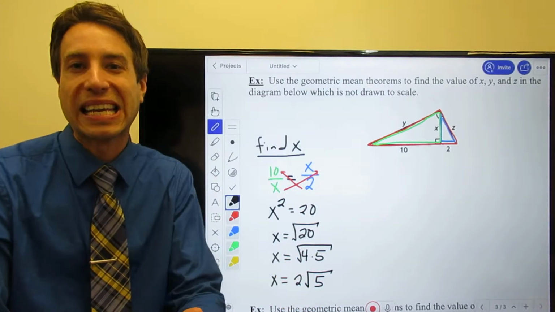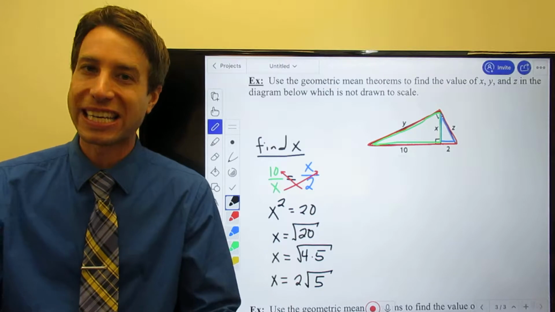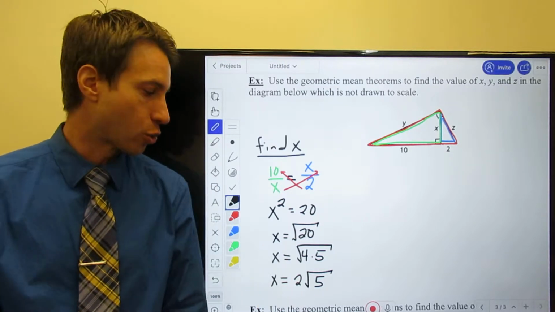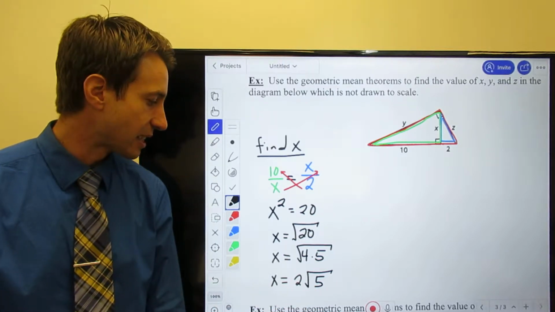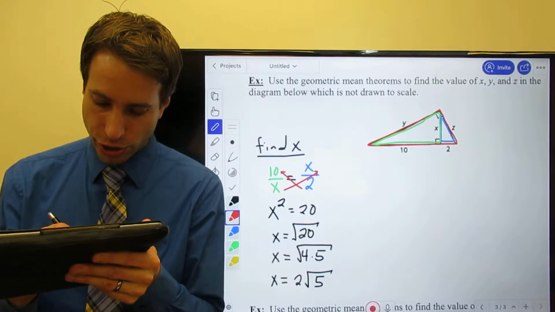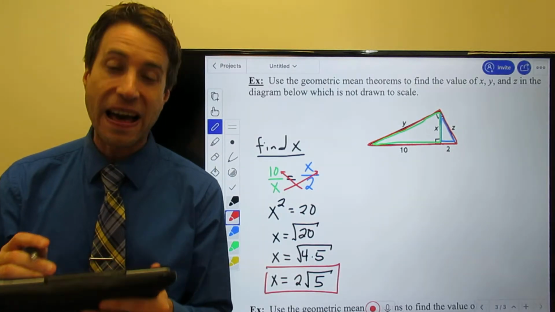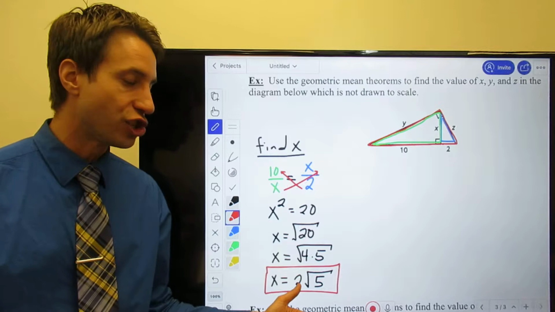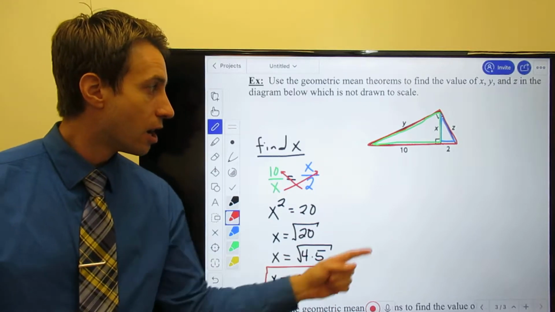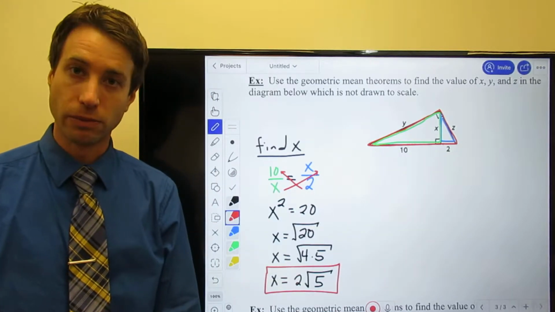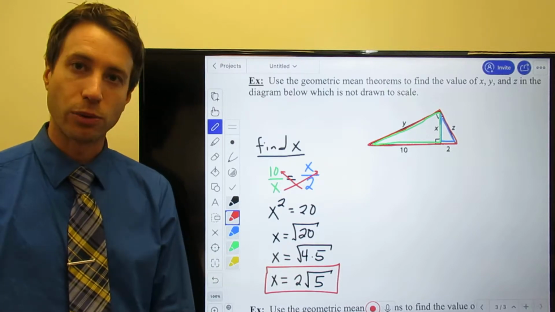I can't do anything to the square root of 5. There's no way to break it down any simpler, and 5 is not a perfect square, so I'll just leave it as a square root. And just like that, you found the value of x. X is the geometric mean of 10 and 2: 2 square roots of 5.